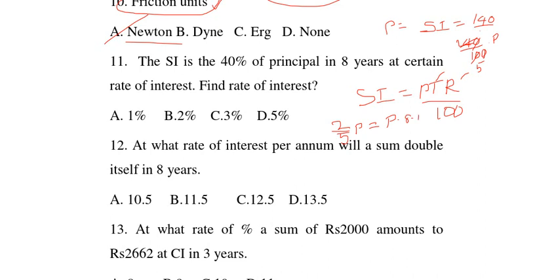P gets cancelled. In the 4 table, 4 1s are 4, 4 2s are 8, and remains 2. 4 5s are 20 and 5 1s are 5, 5 5s are 25, so 5% is the correct answer. Option number D is correct. I hope you guys are good in the calculations, right? Then go for the next one.